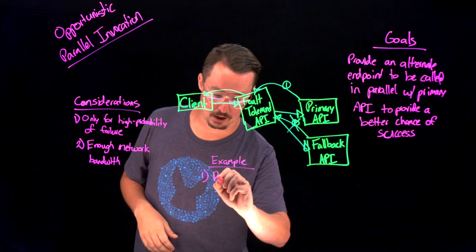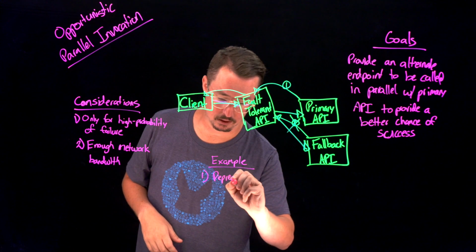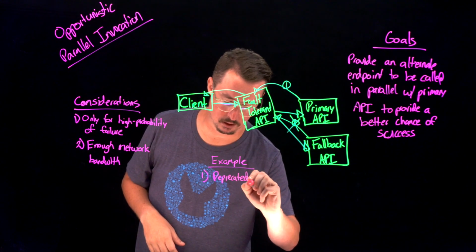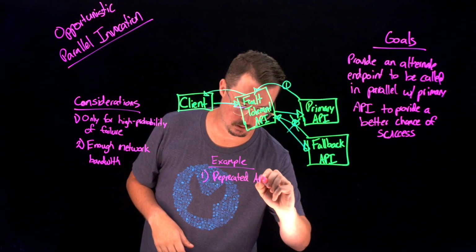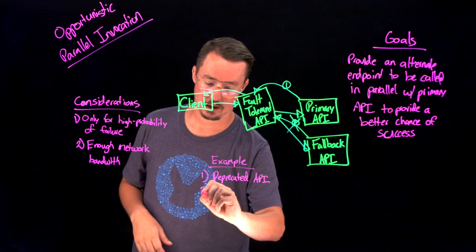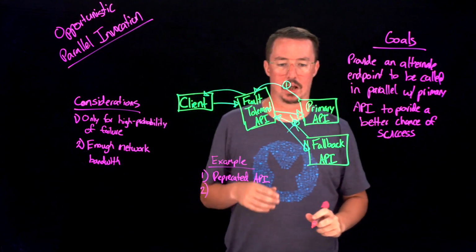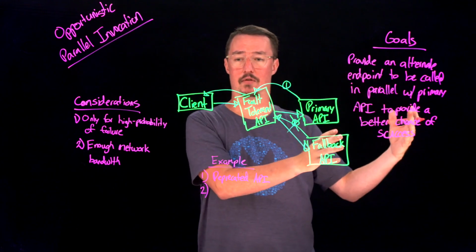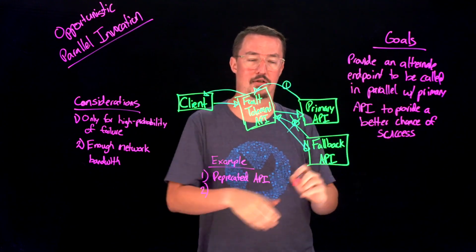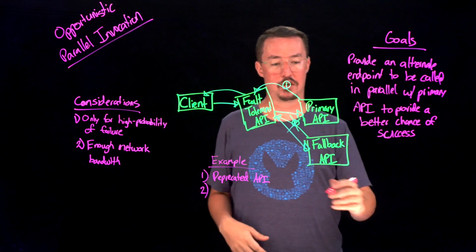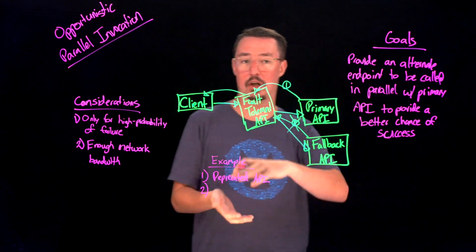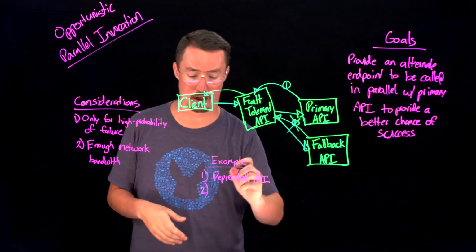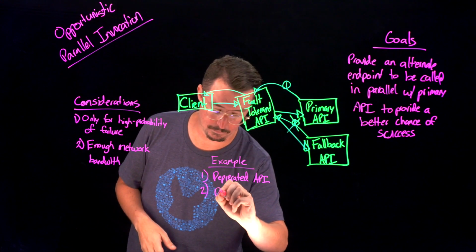So we'll call that one a deprecated API. Secondly, say for instance you were able to be lucky enough to have a disaster recovery site for all your APIs, and you have a replica of that. So if we had a DR replica, we could go and call that replica over in the disaster recovery site.